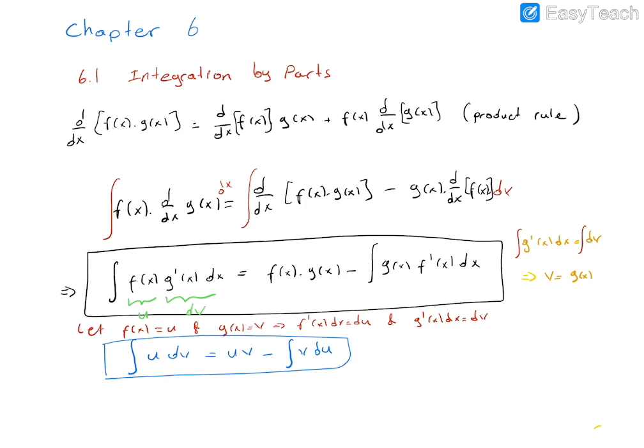This formula can be very useful when the integral on the left side is difficult or impossible to integrate with standard formulas. If u and dv are chosen with care, this is the curious part of the process. This choice is very important.